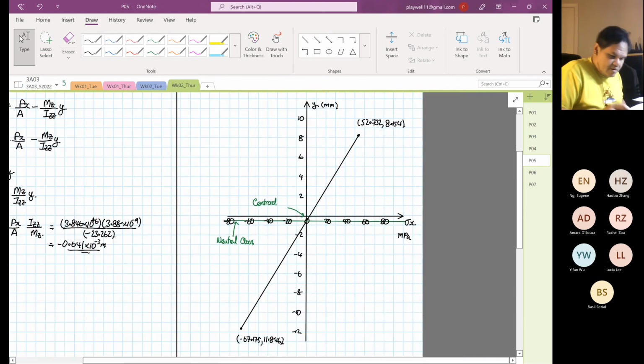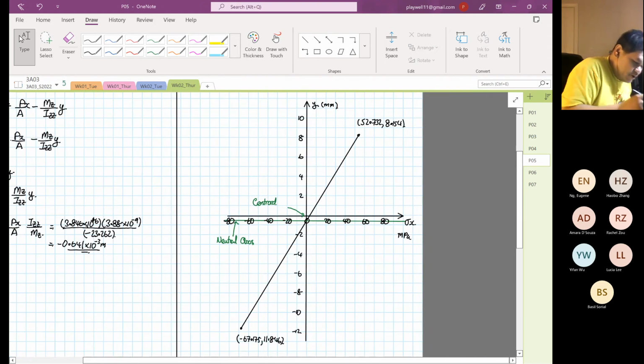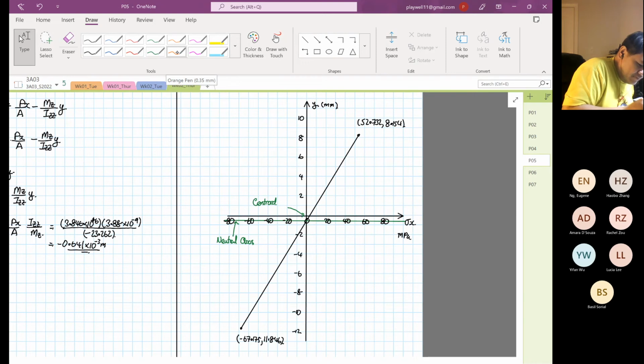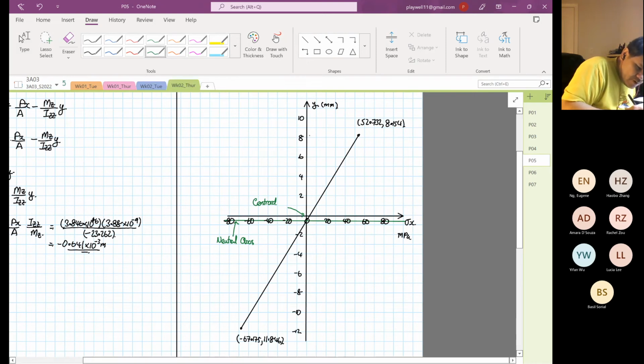So now if the question were to ask you to sketch the normal stress of the profile, below is going to go to compression.